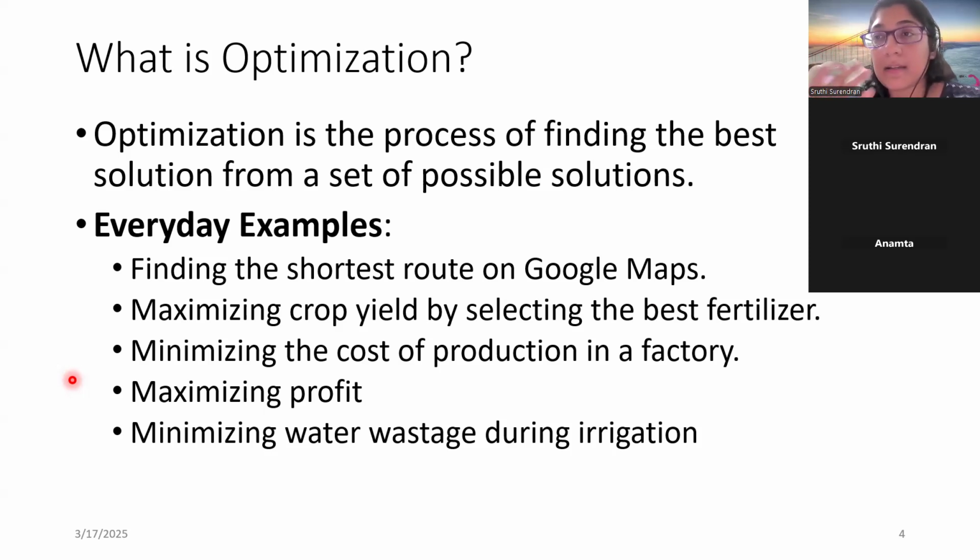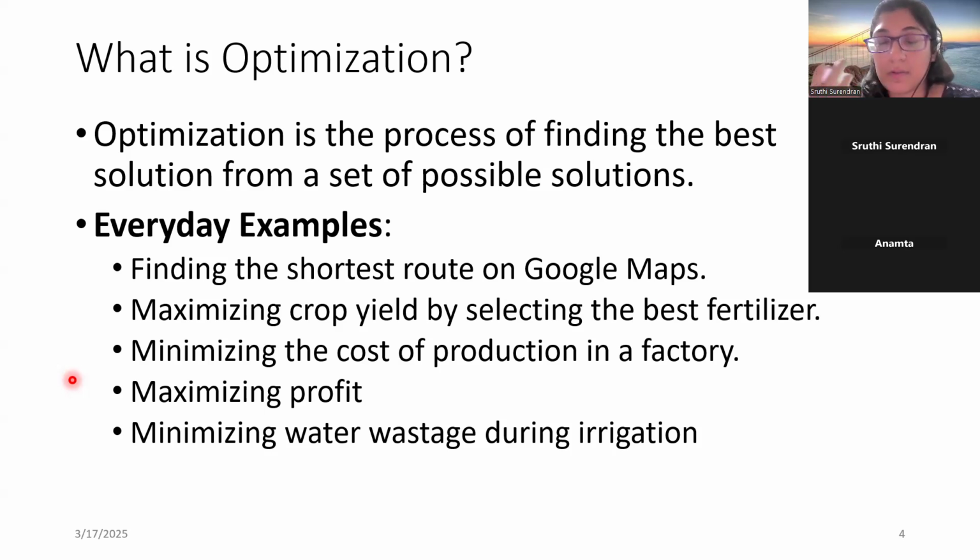Say we have three kinds of fertilizers and we don't know which one gives us the best yield. We'll apply all three of them and get a lot of yield values, and out of that, the maximum yield and which fertilizer it corresponds to is what is basically called optimization.